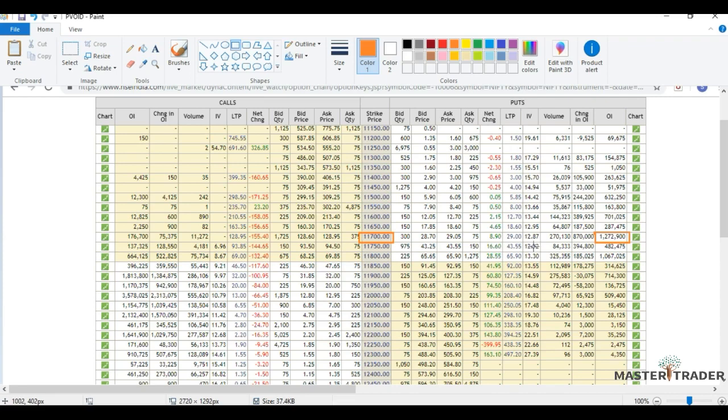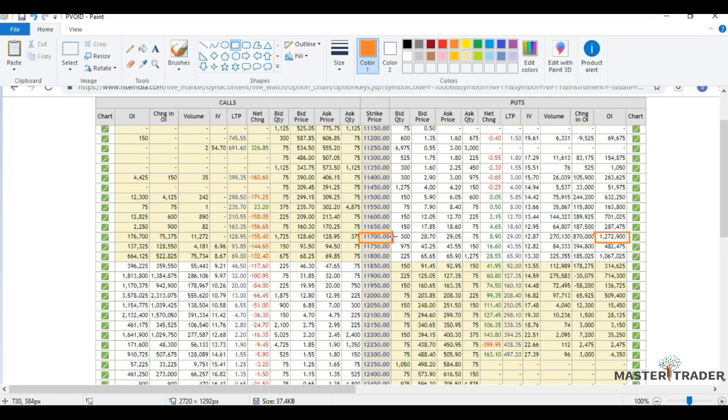This is basically telling me that traders do not want price to go below 11,700. As simple as that, right? Or that they will not allow price to close below 11,700. That's why you're seeing the highest OI at this strike price.